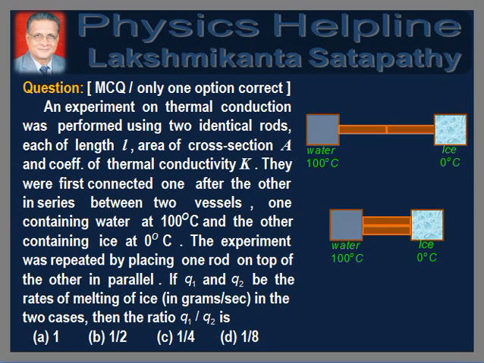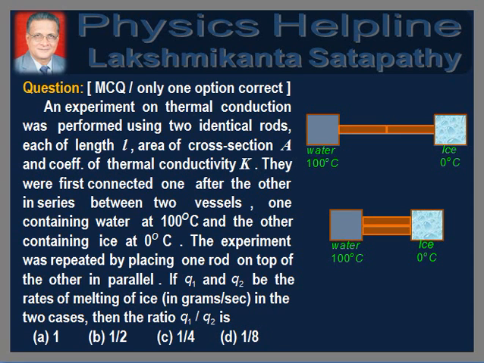An experiment on thermal conduction was performed using two identical rods, each of length L, area of cross-section A, and coefficient of thermal conductivity K. They were first connected one after the other in series between two vessels, one containing water at 100 degrees C and the other containing ice at 0 degrees C. The experiment was repeated by placing one rod on top of the other in parallel.